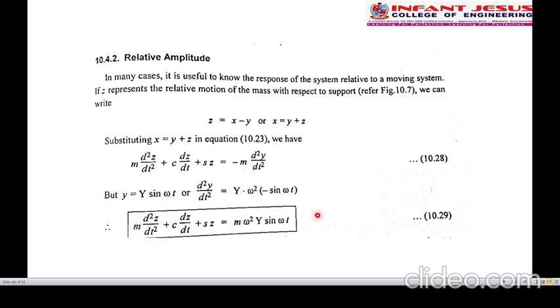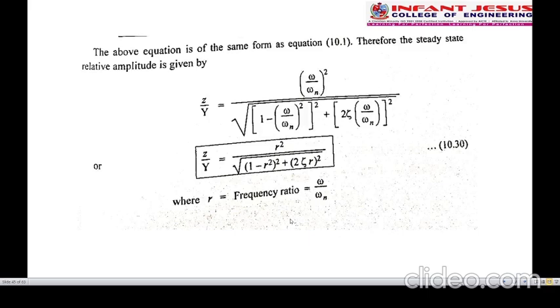This is a characteristic equation. This is a complementary function and this is the particular integral. Here we are neglecting the complementary function, and the maximum amplitude is obtained only by the particular integral, and this is the final formula for the relative amplitude. The derivation is not important for us.